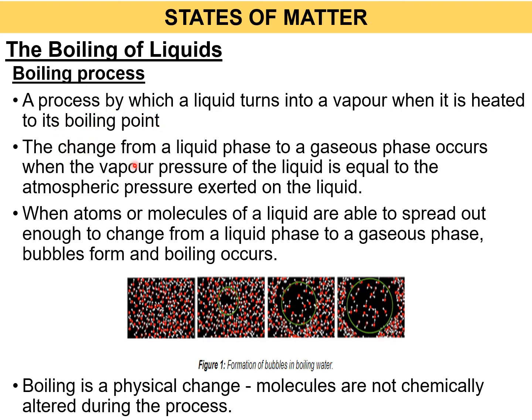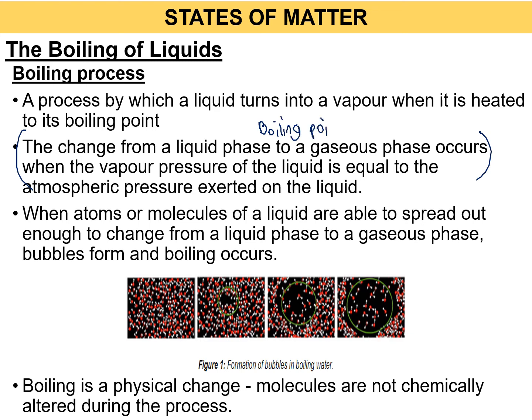And then the change from a liquid phase to a gaseous phase ni akan berlaku bila vapor pressure of the liquid akan equals to the atmospheric pressure. Okay, this whole thing is the meaning of boiling point.